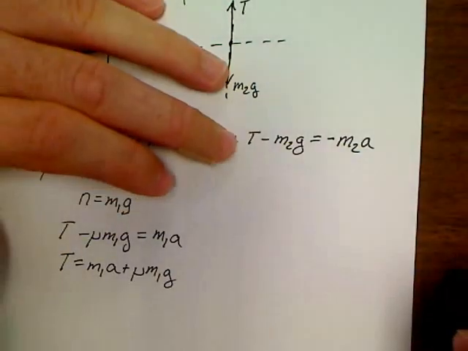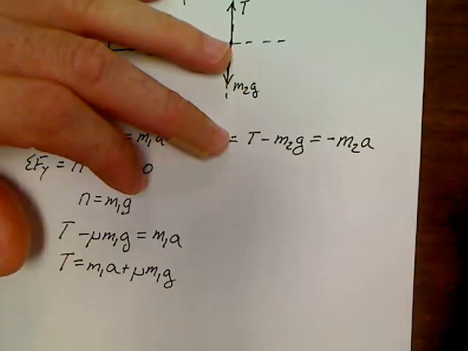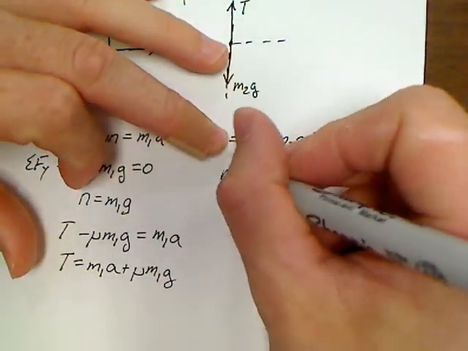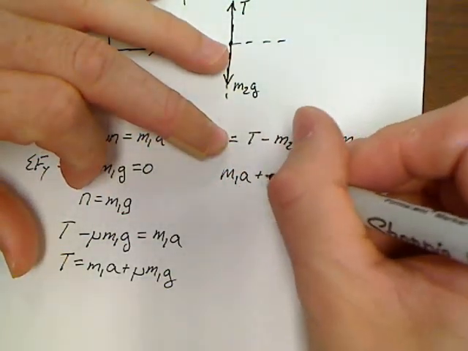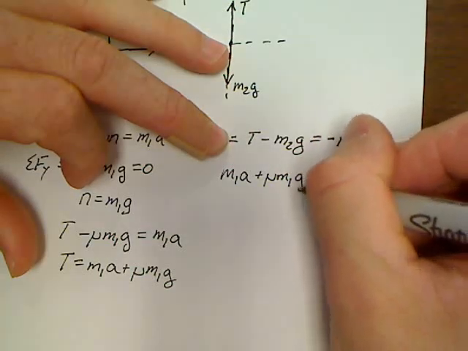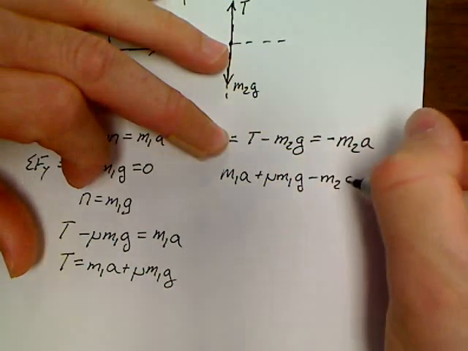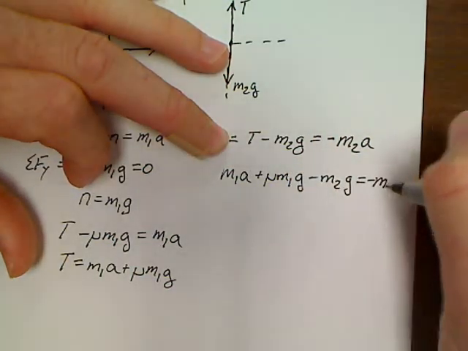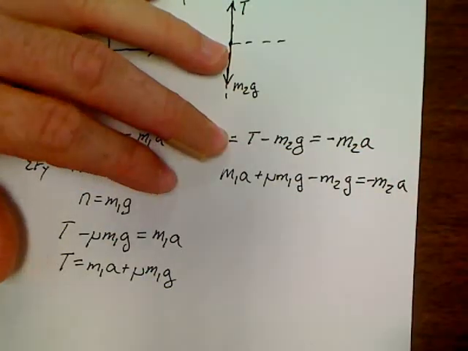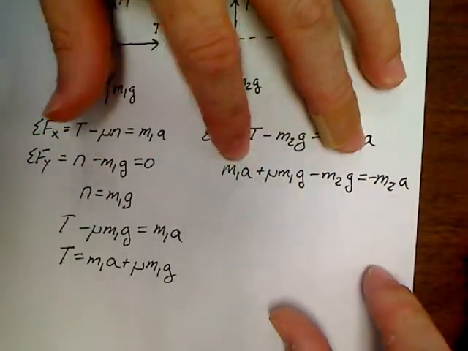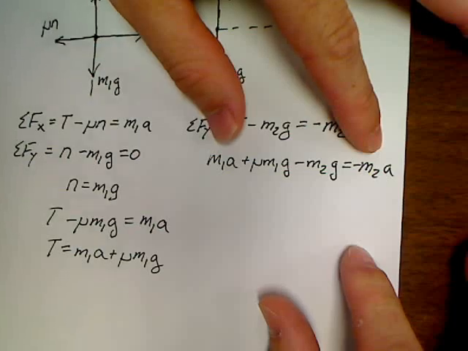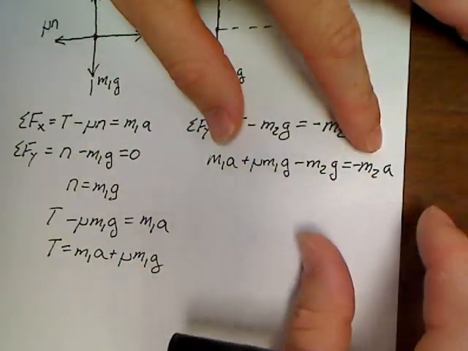Now take this, substitute it in over here. We're going to have M1A plus mu M1G minus M2G equals negative M2A on this side. So just like in all our other algebra problems, let's get our variables all on the same side.